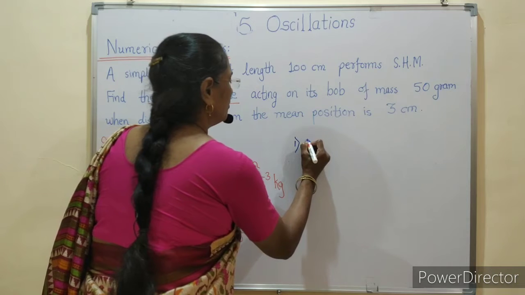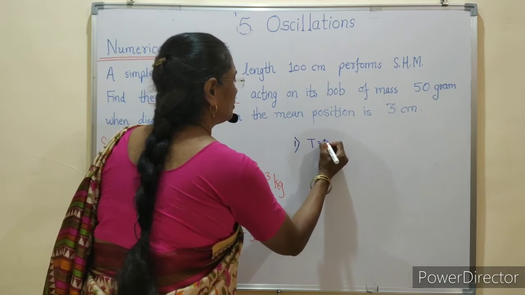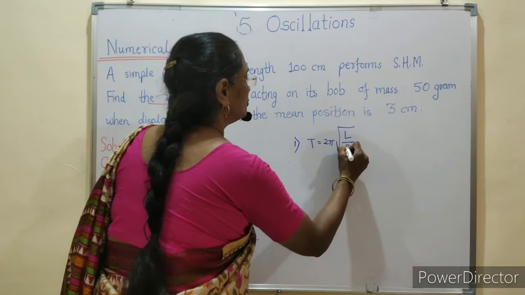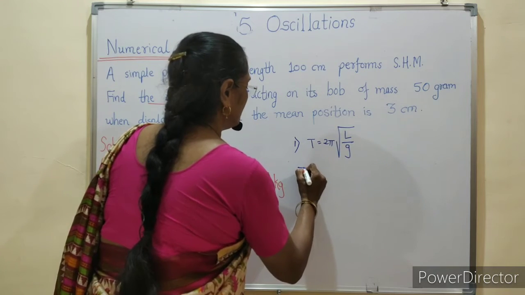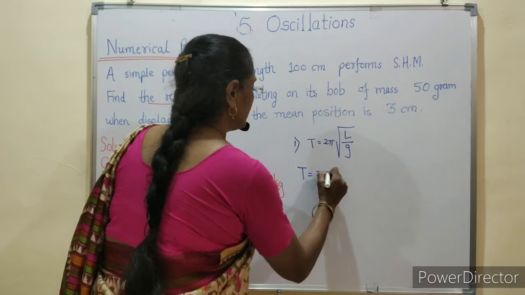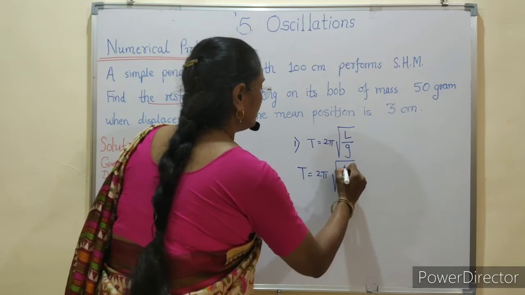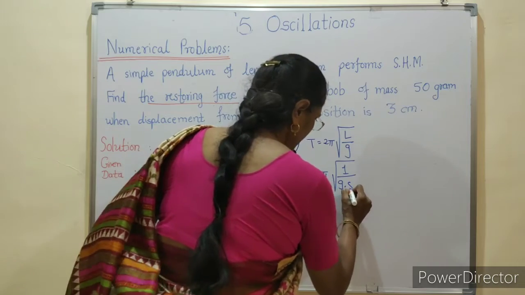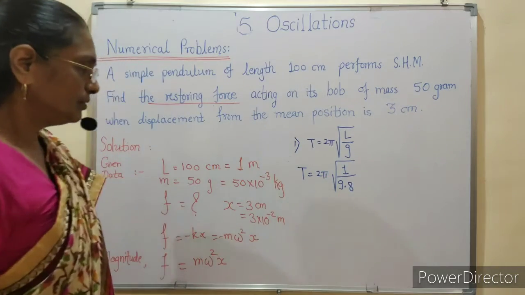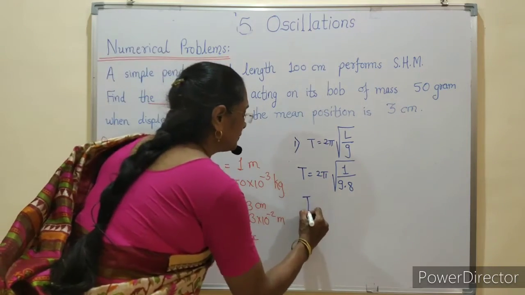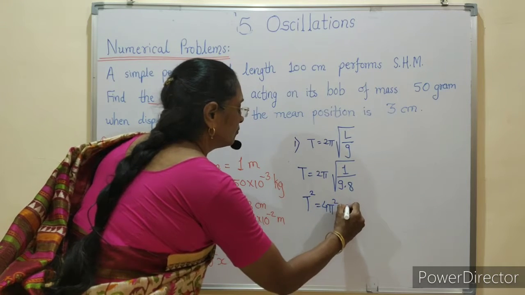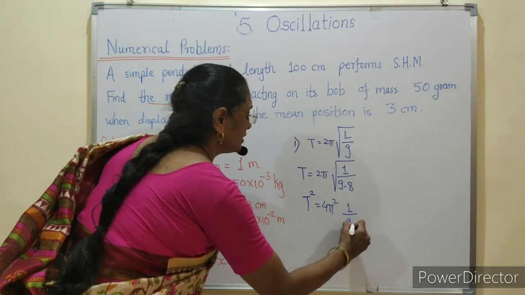So for omega we take T is equal to twice pi under root L upon G. T is equal to twice pi under root L, where L is equal to 1 and G is equal to 9.8. So we write here T square is equal to 4 pi square into 1 upon 9.8.